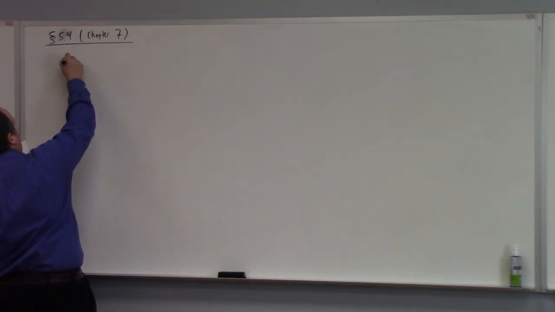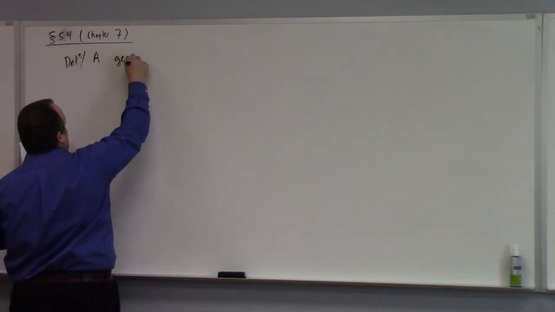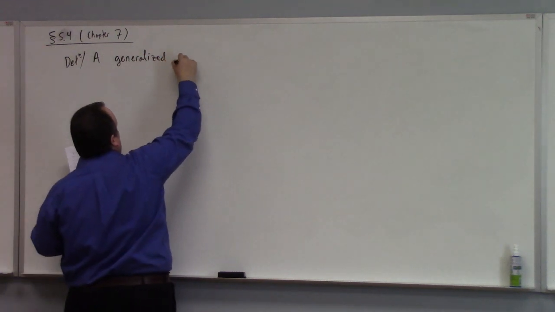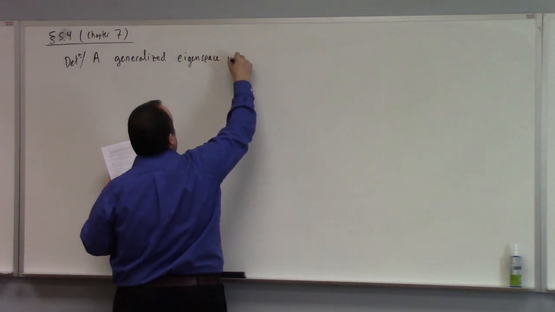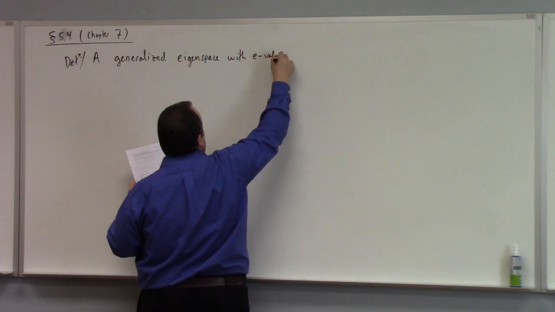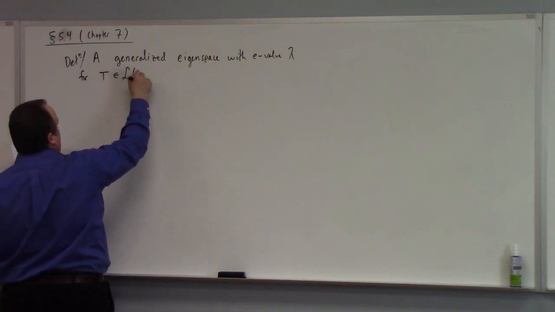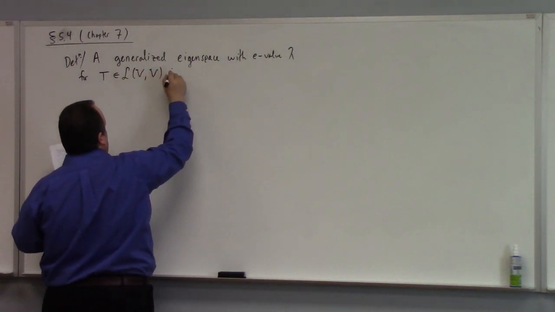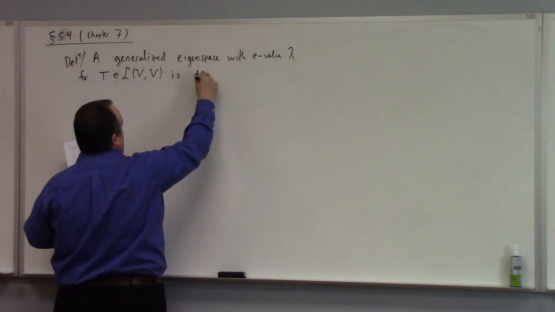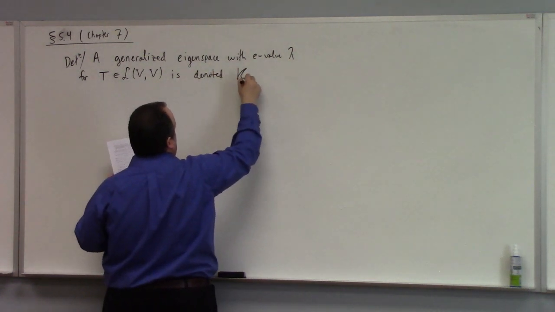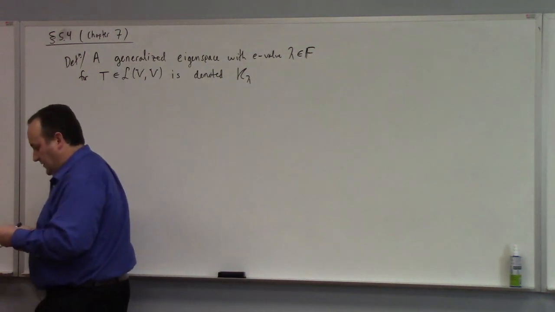The basic definition that we need is this: a generalized eigenspace with eigenvalue lambda for T, a linear transformation from V to V as usual, is denoted K sub lambda. Now here, lambda is in the field of the vector space, to be clear.